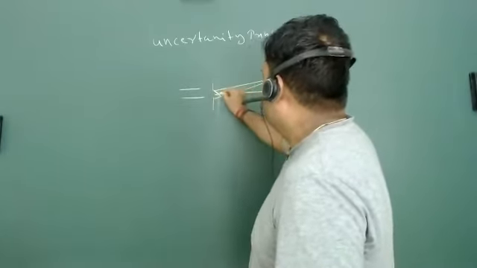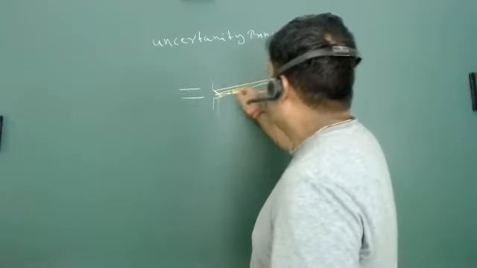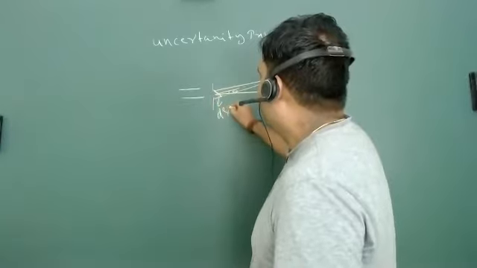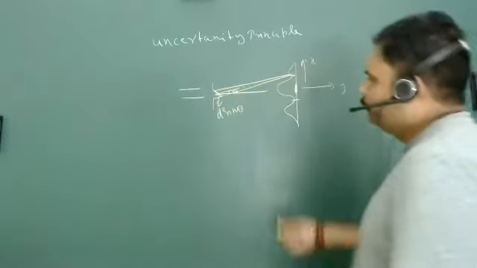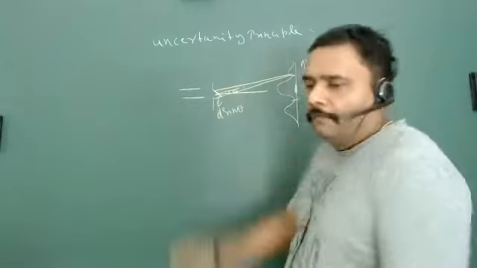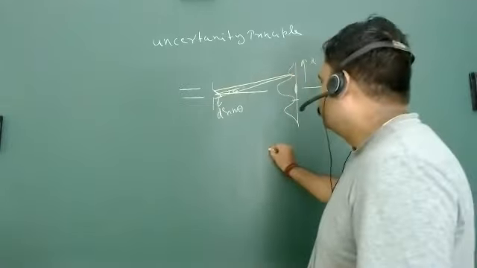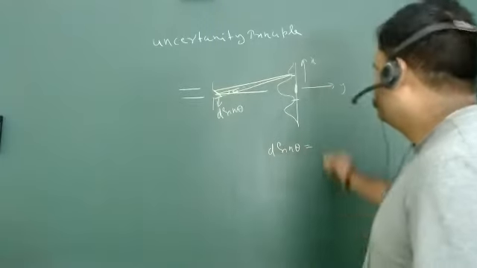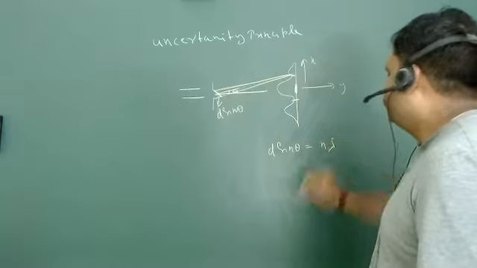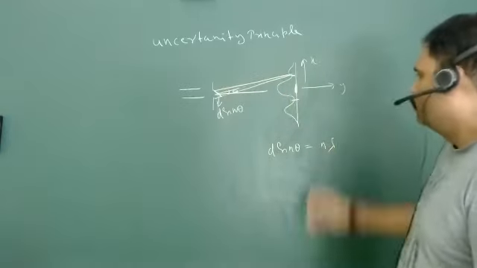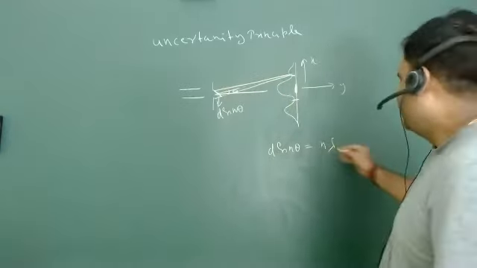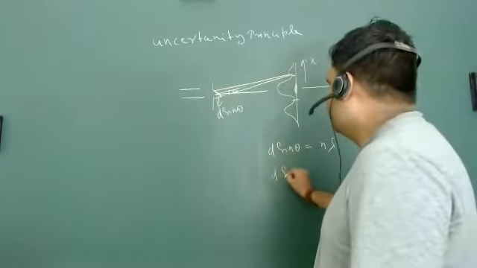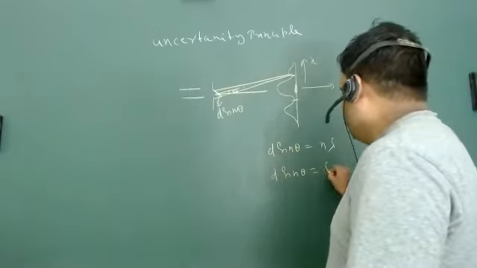So this is the center part, and this will be, let's say, d sine theta. And what is d sine theta? You know from the diffraction pattern, d sine theta is equal to n lambda. This is for all of the concept. I am just talking about the first maxima, so d sine theta is equal to lambda.